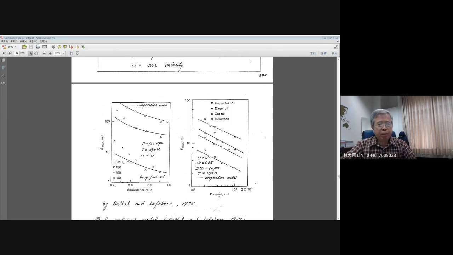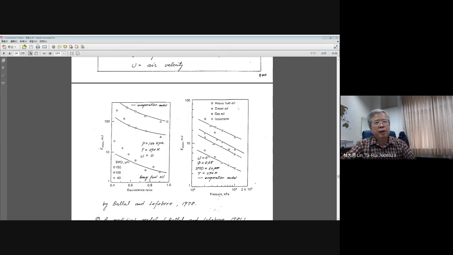Okay. The right-hand side tells you they use different kinds of fuel: heavy fuel oil, diesel oil, gas oil, and isooctane, and they found the minimal ignition energy required for different fuels, as you can see from the figures. If you change your fuel from isooctane to heavy fuel oil, you should understand the differences between these three kinds of fuel. Basically they have different boiling points.